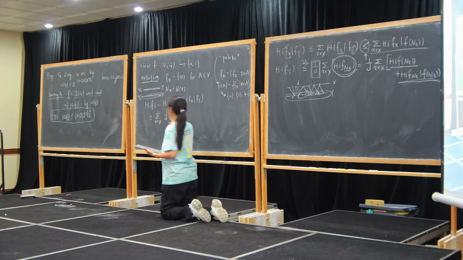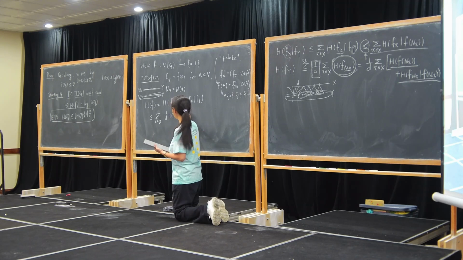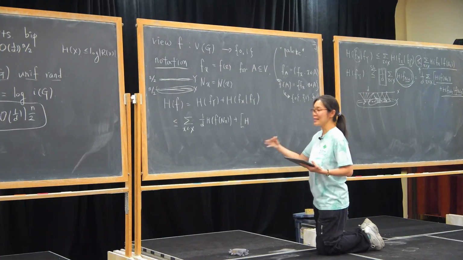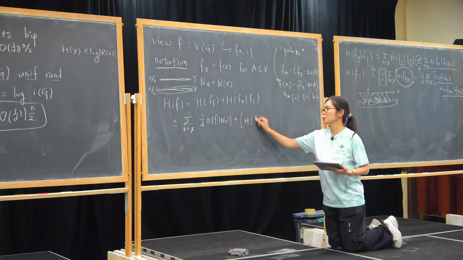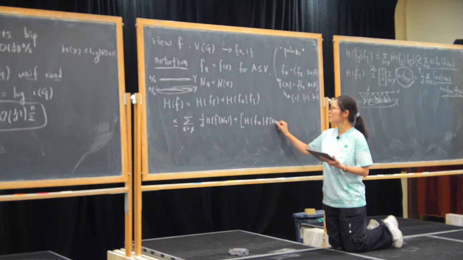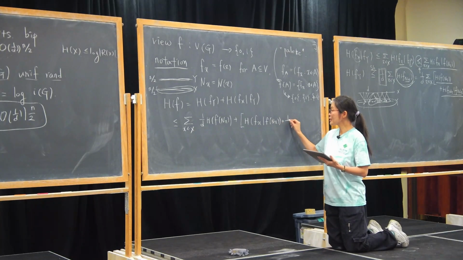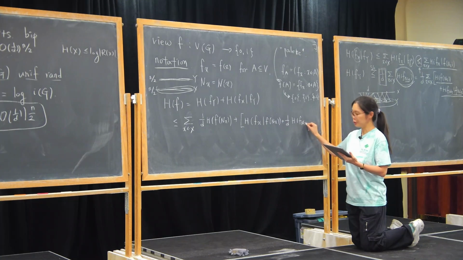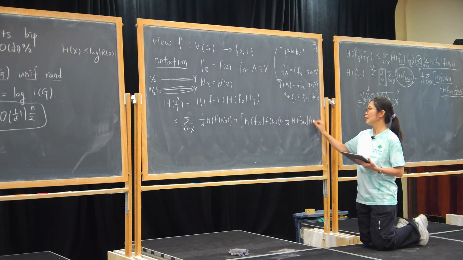So we reveal the neighborhood of x first, and then based on this information, we specify the colors of x and its neighborhood. So this is the entropy of f of x given the palette, plus 1 over d times the entropy of the neighborhood given the information of the palette.